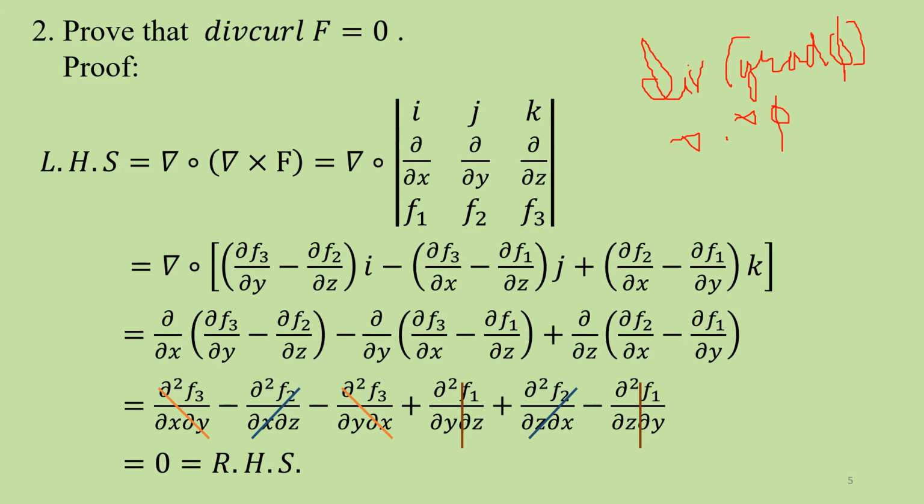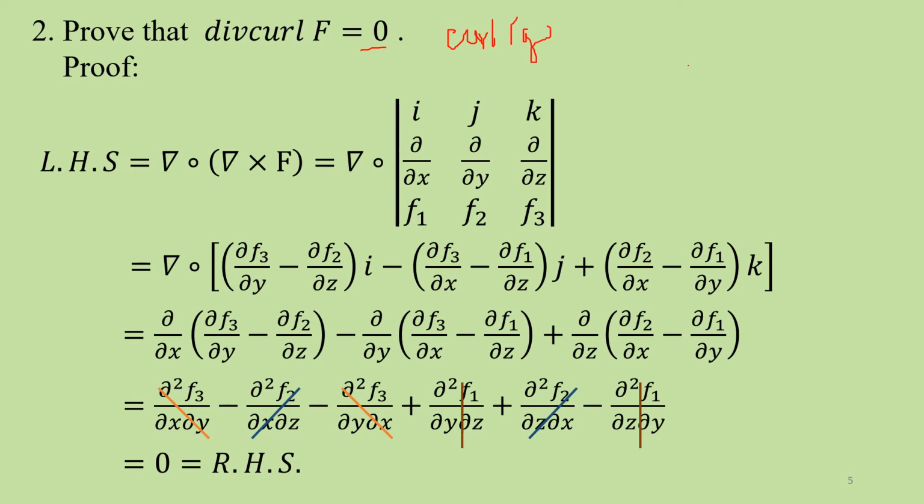So now two zero identities we have. One is on curl, that is curl of grad phi equal to 0. Another is on div, that is div of curl f equal to 0. But one thing we can notice, here div of curl f is 0, and curl of grad phi is also 0, but they are not similar. So why?